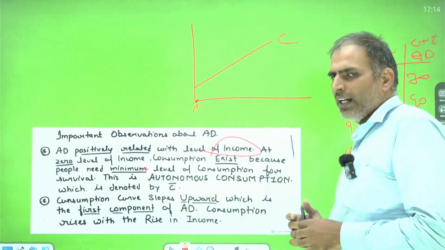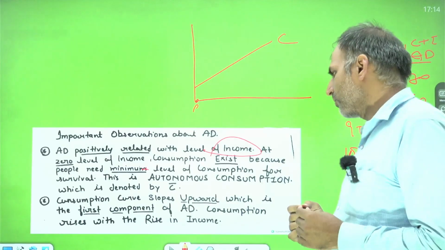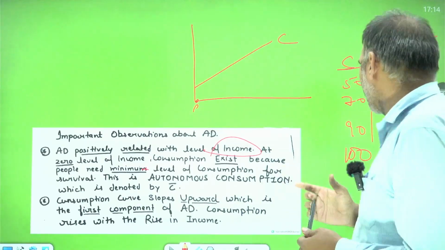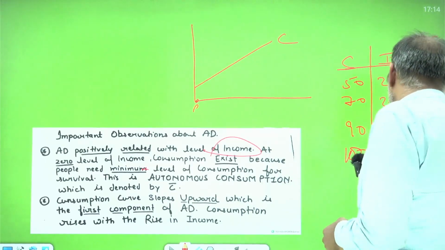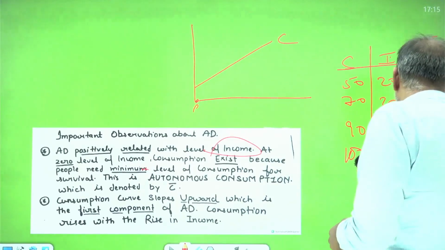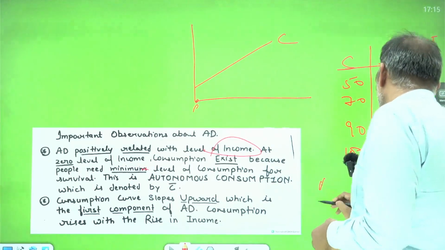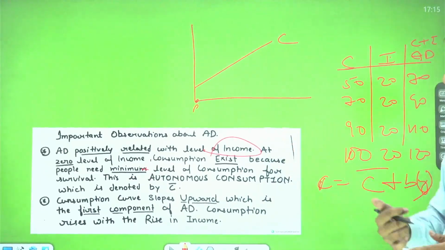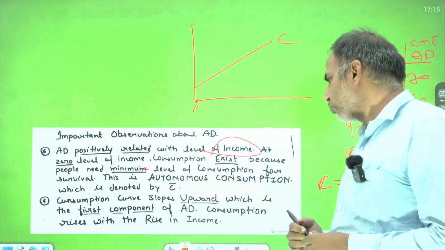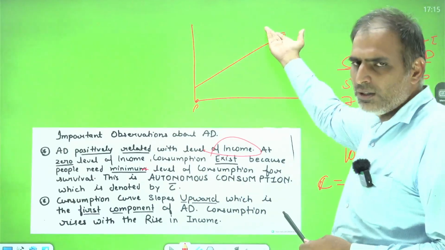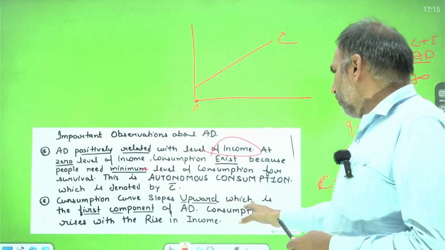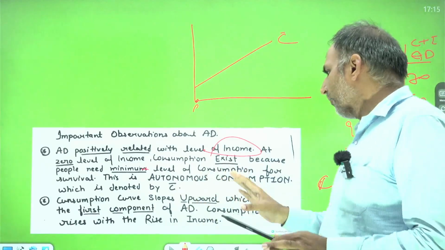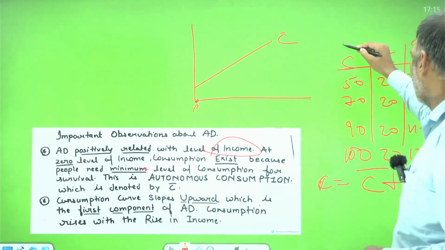We can call it the autonomous consumption, which is denoted by C bar plus bY, equal to C. We can take this in the later formula. The consumption curve slopes upward, which is the first component of AD. First component of AD, consumption.